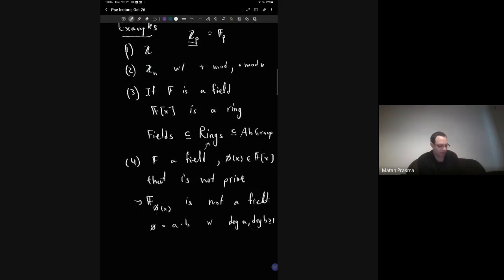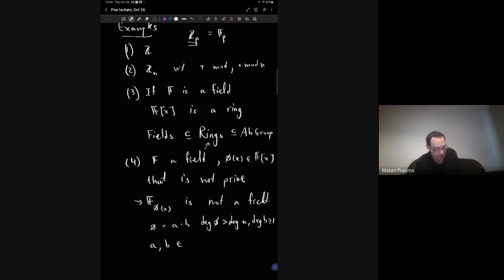But then A and B belong. Of course, A and B have degree that is strictly lower than the degree of phi, right? Because that's what it means to be a non-prime polynomial.